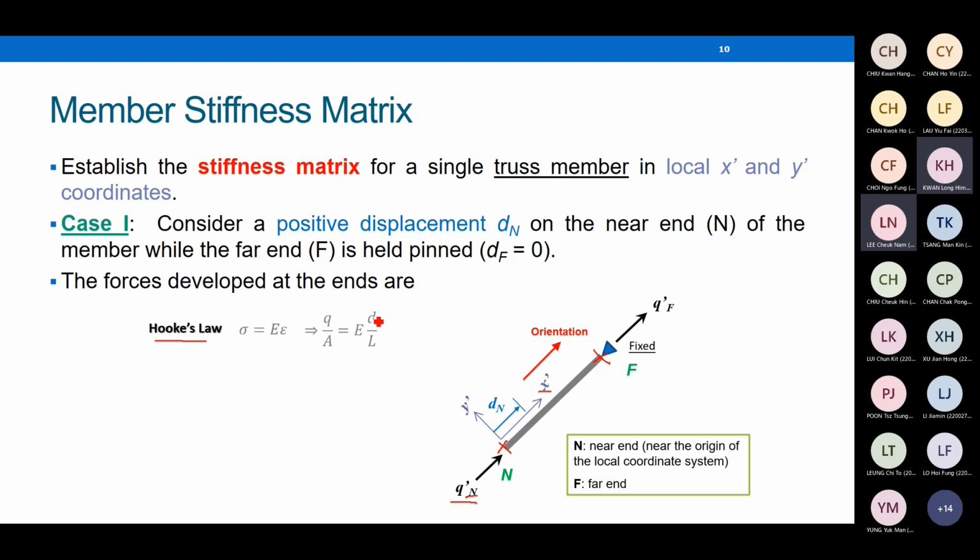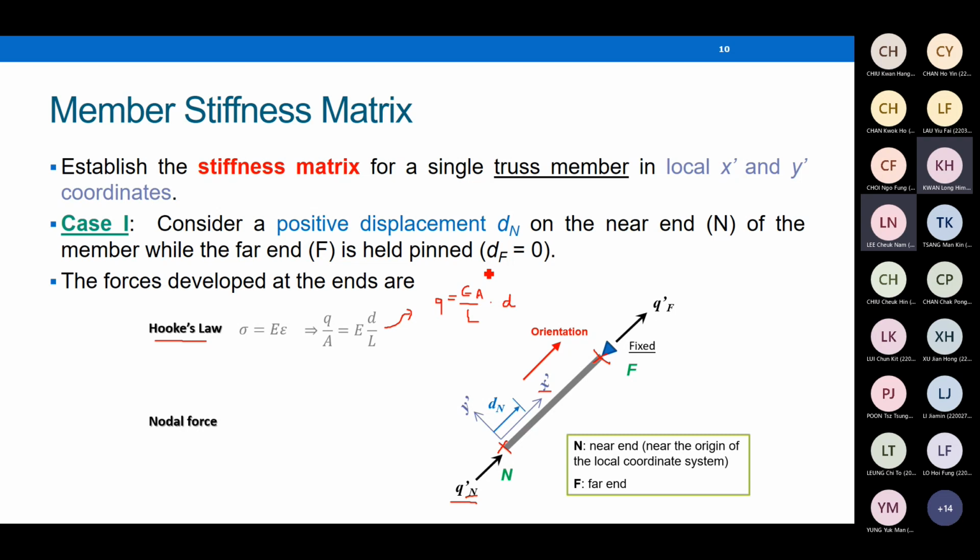Strain is equal to deformation over the length of the member. Then you can rearrange this equation a little bit. Force Q equals EA over L times D.